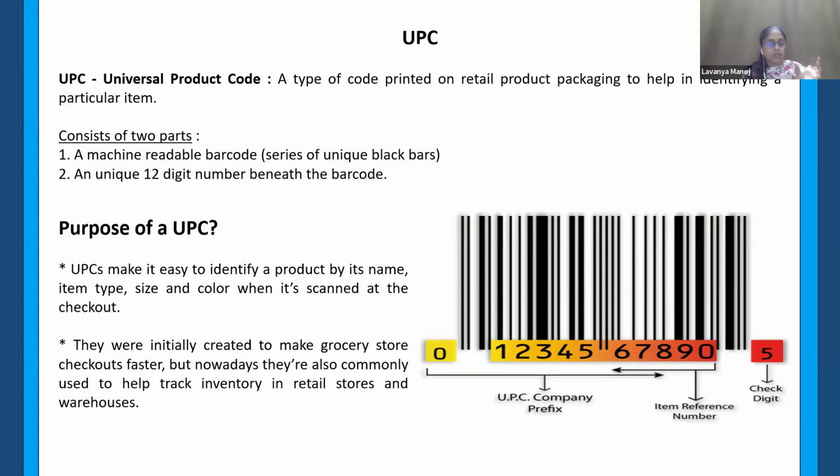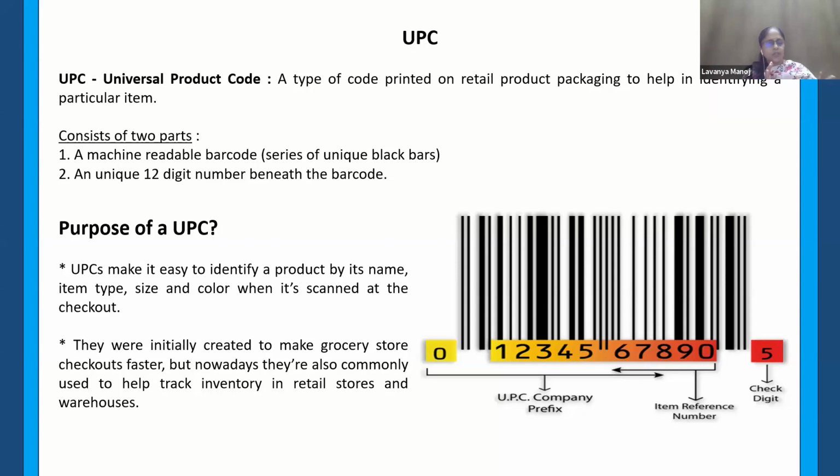Yes, of course, the UPC code gives all the information. So the complete information about the company and its related product is displayed with the help of the UPC code. That is the Universal Product Code.